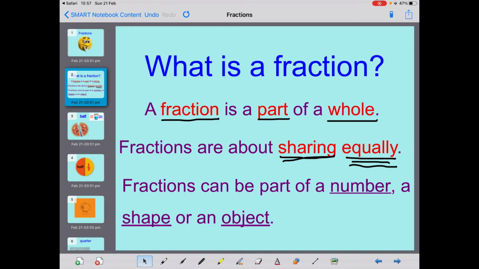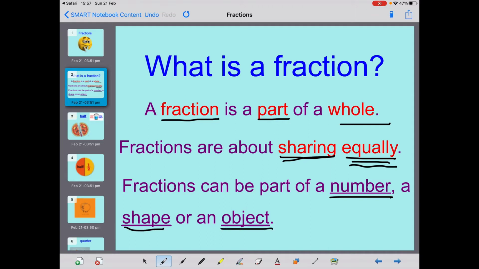Fractions can be the whole, a part of a number, a shape, or an object. When we talk about the whole, which is our word up here, the whole could be a number, a shape, or an object.